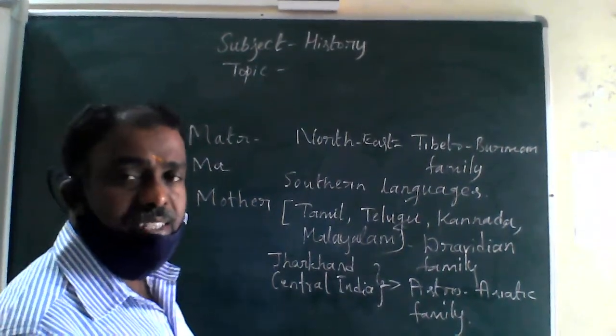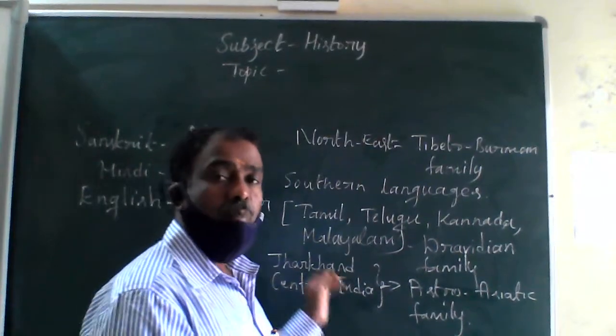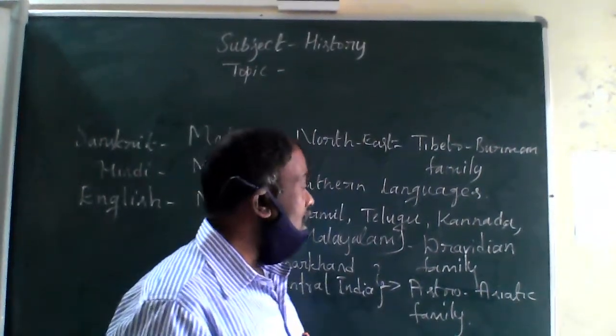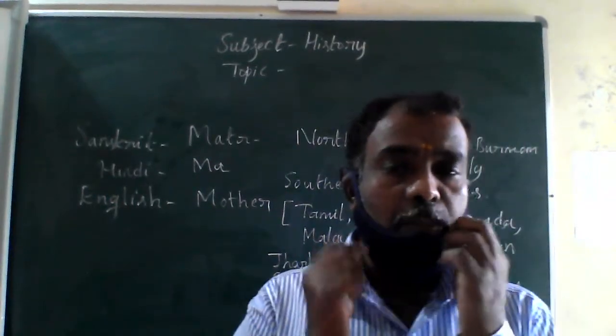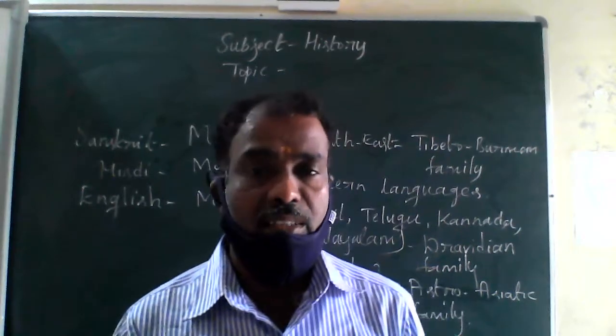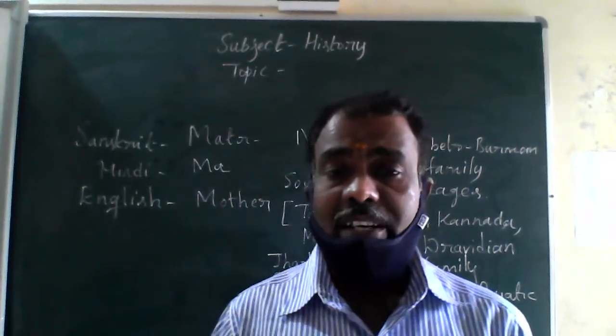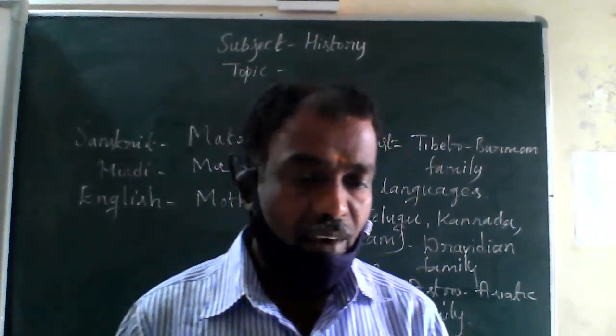The languages of the present state of Jharkhand and central India belong to the Austro-Asiatic family. So this is brief information about Sanskrit and the other languages and how the different Indian languages belong to different language families.